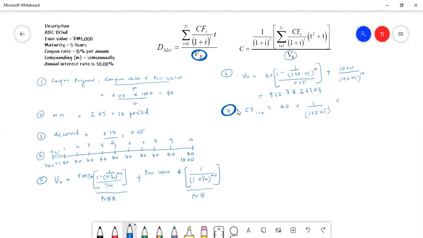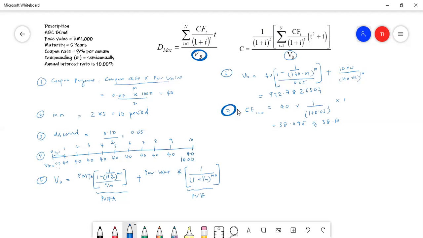Then we multiply by 1 times the period. So now you get 38.095, which is equivalent to 38.10. So this is the cash flow from year 1 to year 0. You have to repeat the process until year 10.